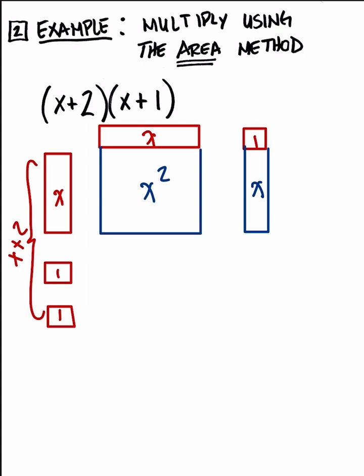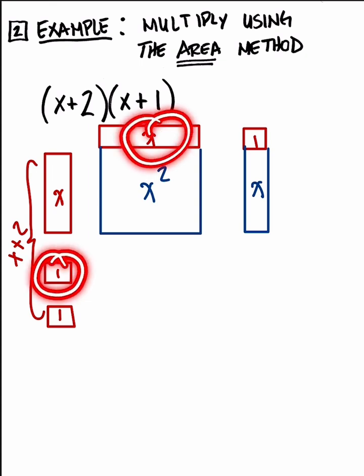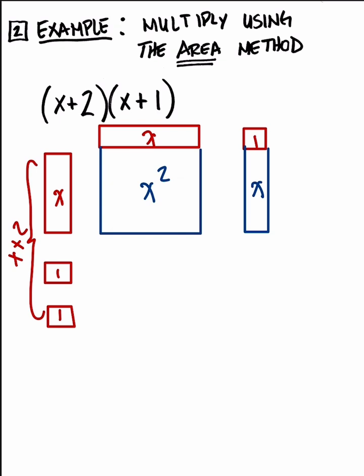Okay, and then we have 1 times x, so that's another x tile. And then we have 1 times x, so that's another x.